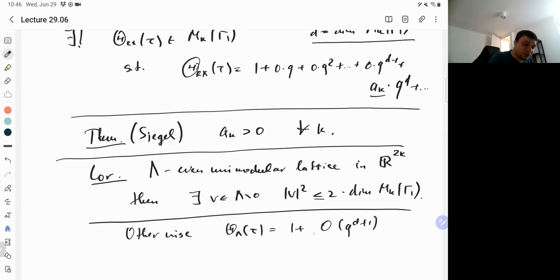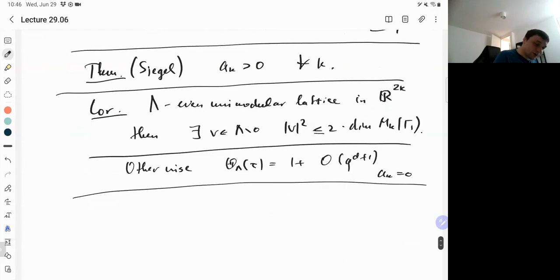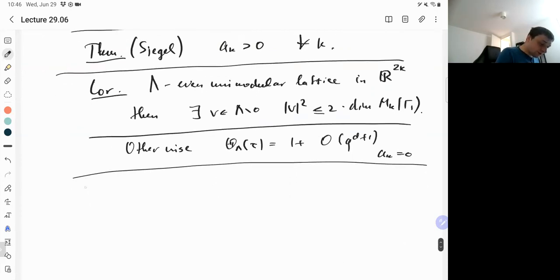And so that would mean that AK would have to be 0. And so you get something very strong, and in fact the lattices that we're interested in, E8 and Λ24, they're kind of extremal with respect to this property.